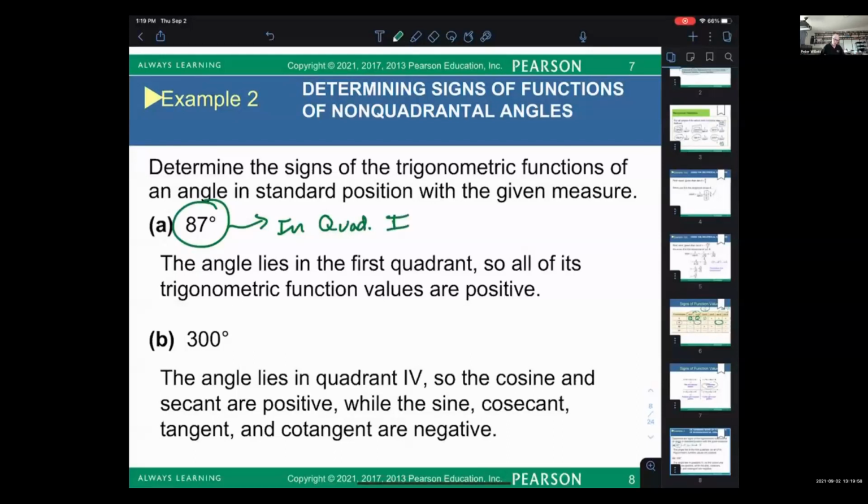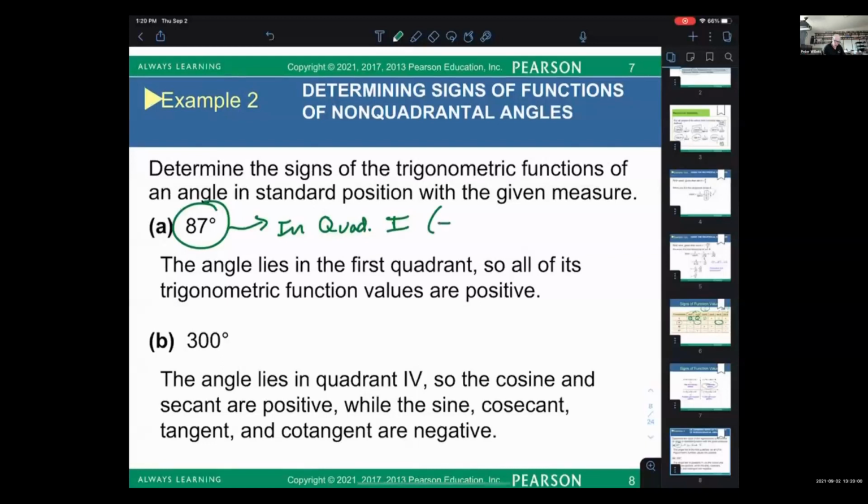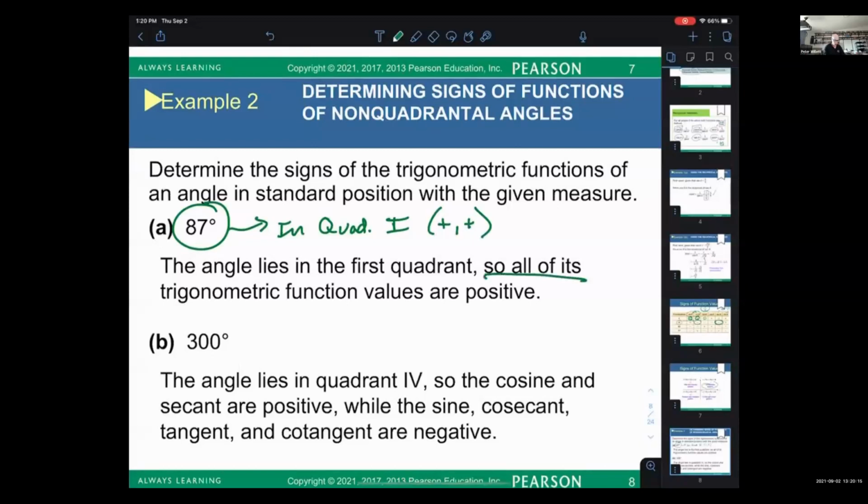And we remember in quadrant 1 that all points are positive, comma, positive, meaning the sine is positive and the cosine is positive. And if the sine and the cosine are positive, then any way you flip those or make fractions, you're going to still get a positive. And so they can conclude all of its trigonometric function values are positive.